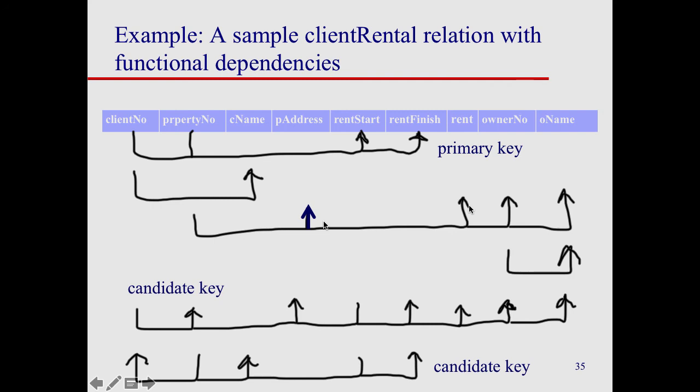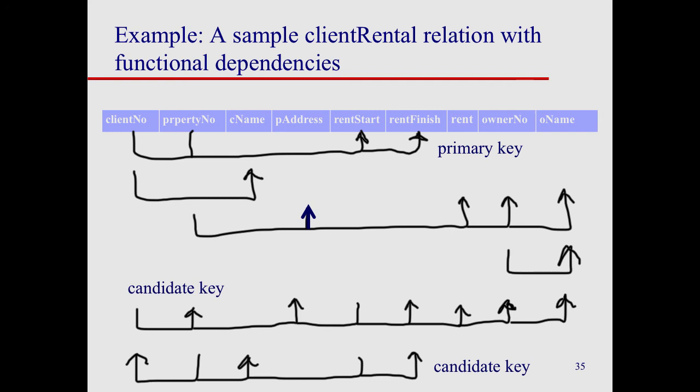Okay, so I'm just going to hold you for a couple minutes, not much more than that. There's a couple candidate keys that you could have too. It turns out that if you know the client number and the beginning of the lease, that's also going to determine the property information because our assumption is each client can only rent a property once.